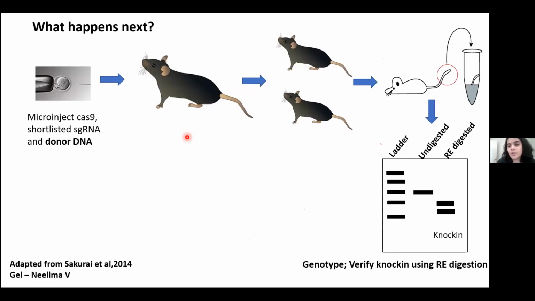It's very similar to that. You can micro-inject the cytoplasm or the pronucleus of the cells. The literature shows that if you inject the pronucleus, the efficiency of this process is much higher. It's very simple. It's basically electroporation. Okay.